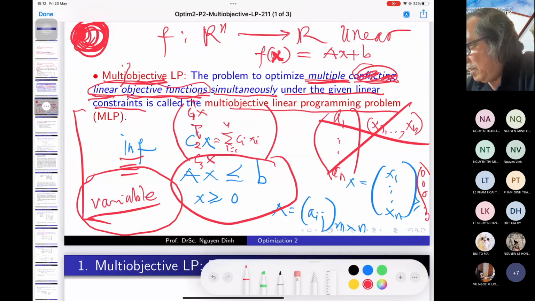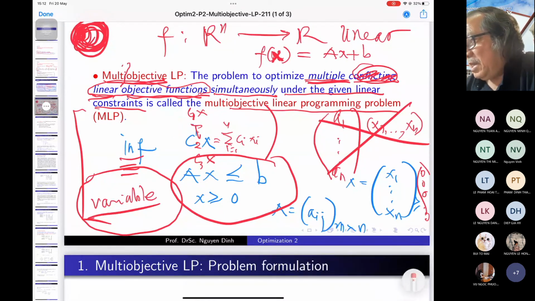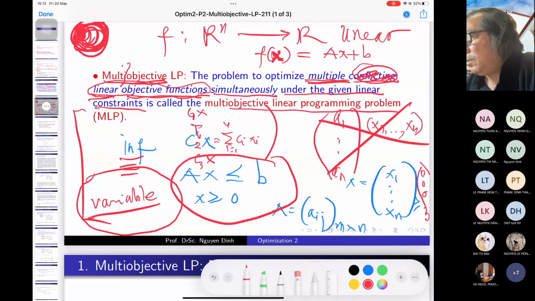The linear function here has the form like this, Cx.